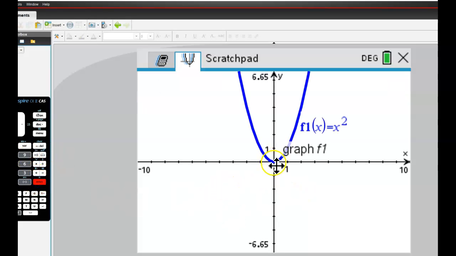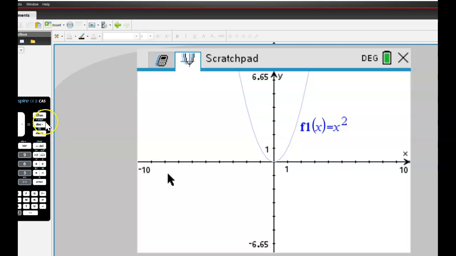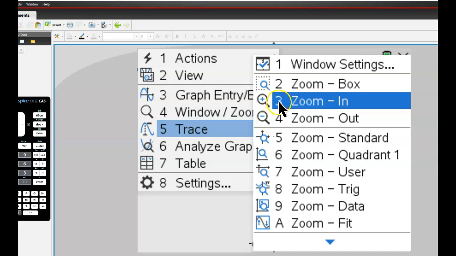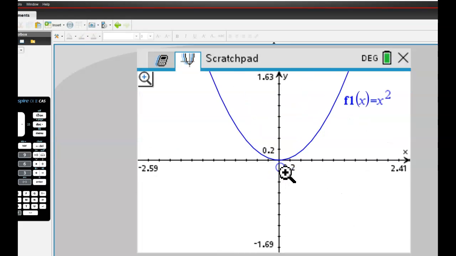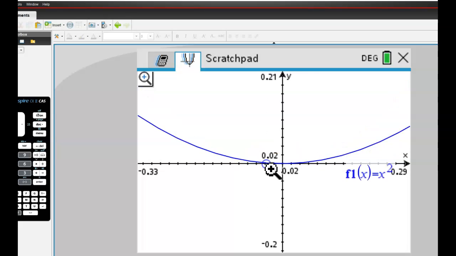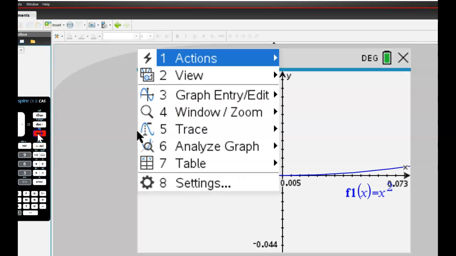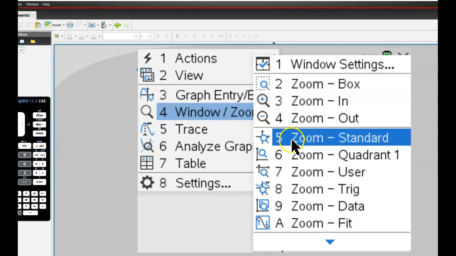And if I zoom in on this point, we're going to go menu, zoom in, number 3, and we're just going to keep zooming in at the origin. And notice you'll see that the graph, when you zoom in, actually straightens out. So since it's straightening out at 0, that means that the graph is differentiable at 0. Okay, so let's go back to our standard window.